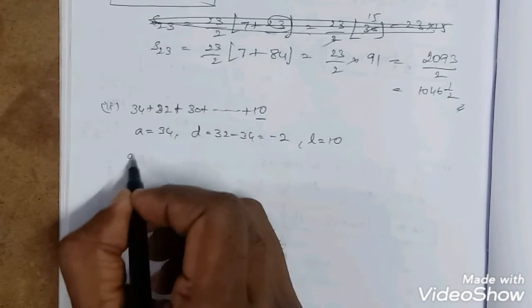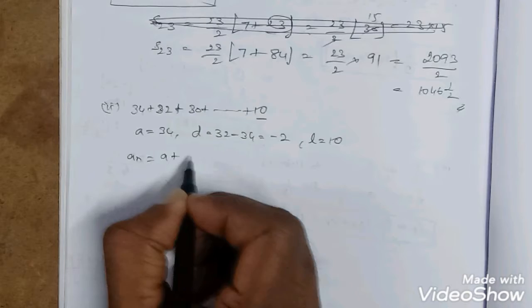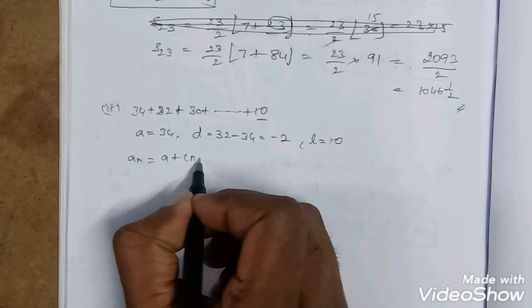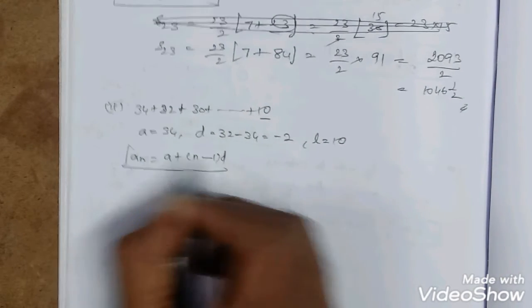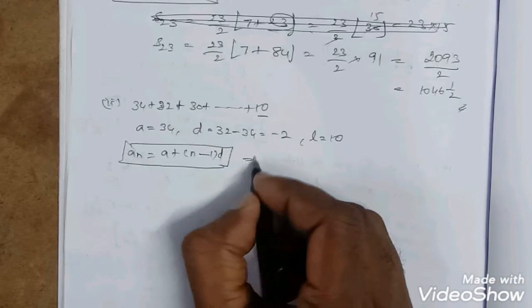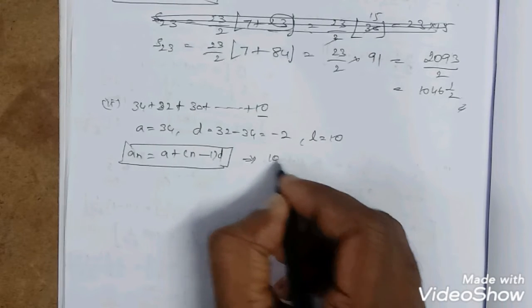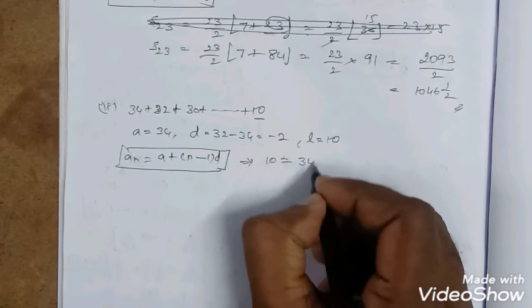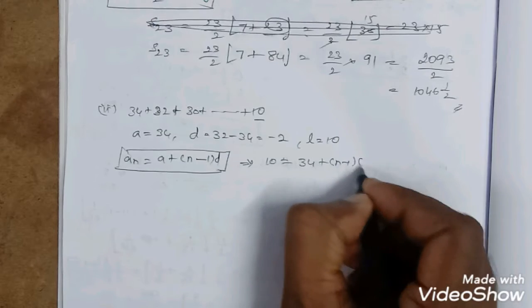Now first you find how many terms are there. For that you use an is equal to a plus n minus 1 into d. So you are using this formula and finding the values. So your last term 10 is equal to a, which is 34, plus n minus 1 into minus 2.